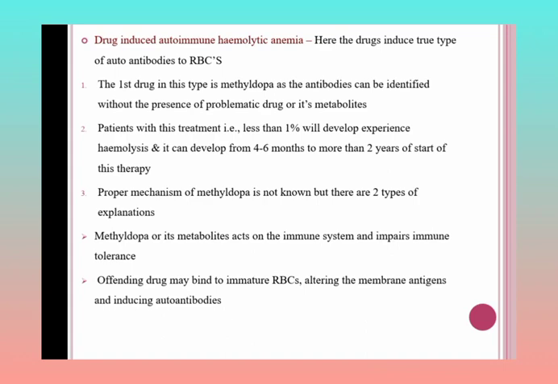So first of all, in this type, the first drug is methyldopa. The antibodies can be identified without the presence of the problematic drug or its metabolites.